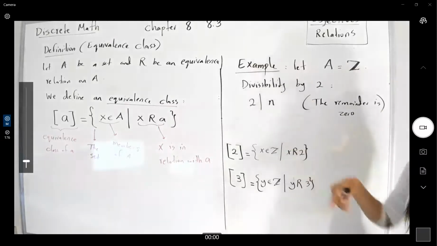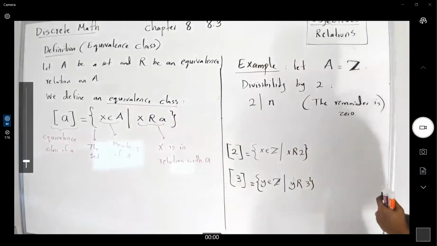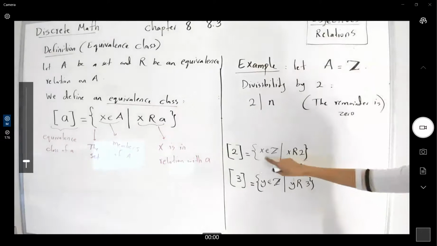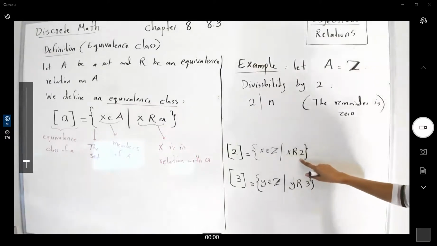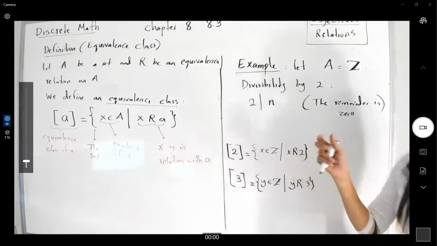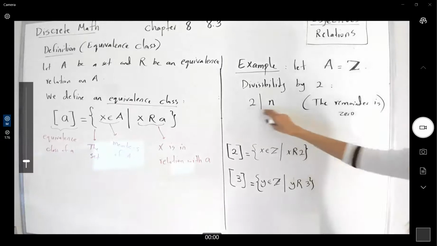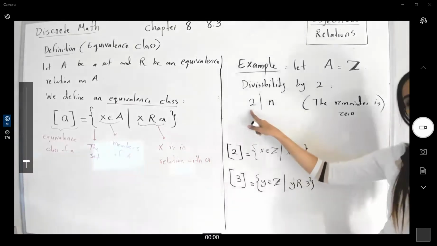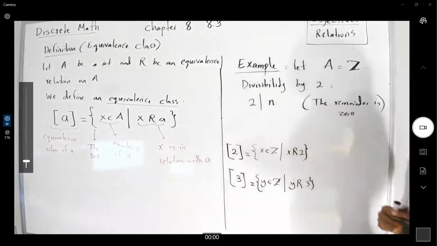So what is the collection of those numbers that we have? We say X is in relation with 2. What are the elements that are in relation with 2? If you take those elements and divide them by 2, the remainder is going to be 0.